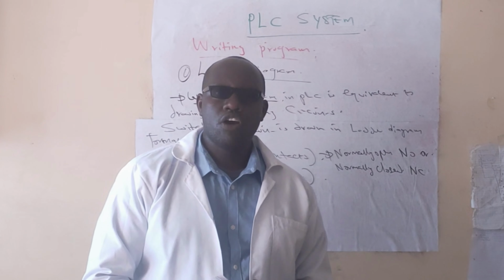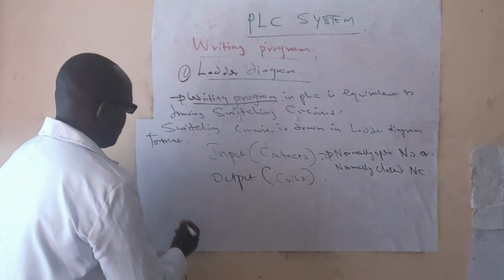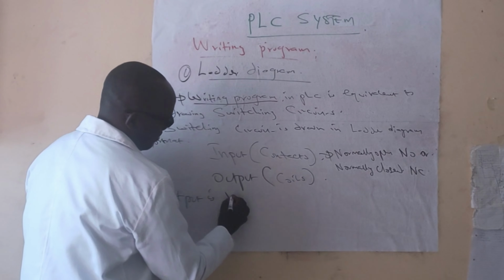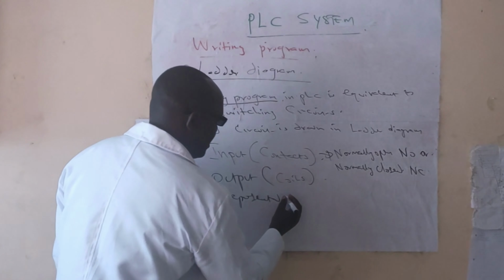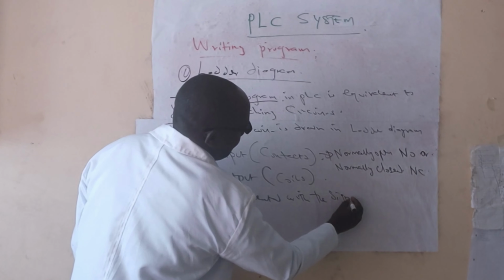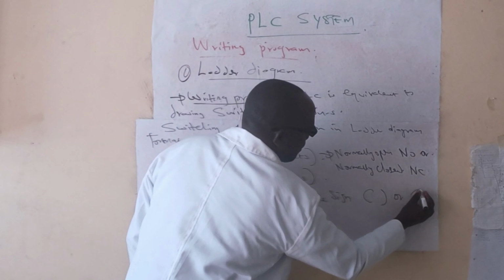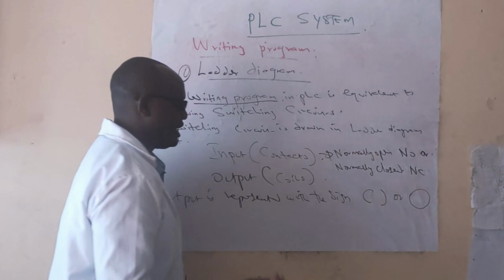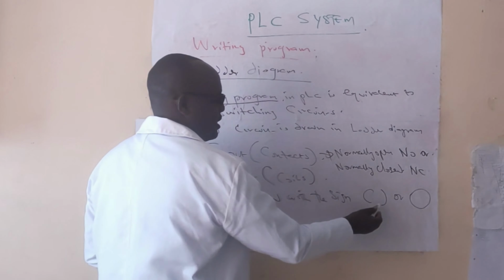The output is usually represented with these signs. It can either be like that or just like that. So in our ladder diagram, when you see these signs, it means the output.